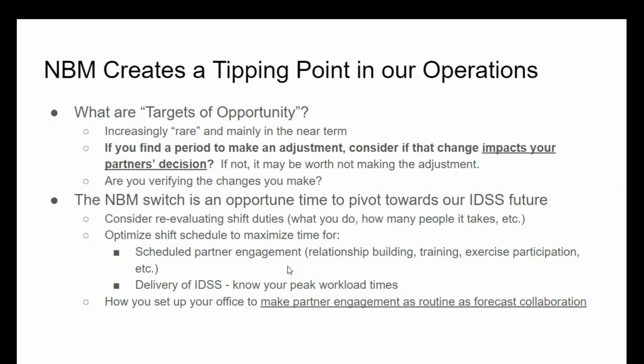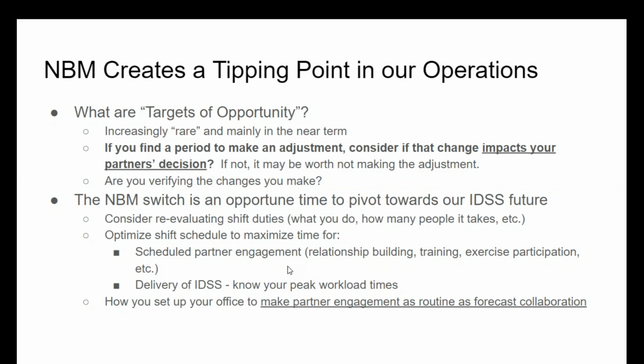Well, that too is evolving with the forecast process. As we continue to improve our model blends, targets of opportunity themselves should become increasingly rare and predominantly should be focused in the near term, your 24 to 48 hours. And that's where our partners are making the most critical decisions.